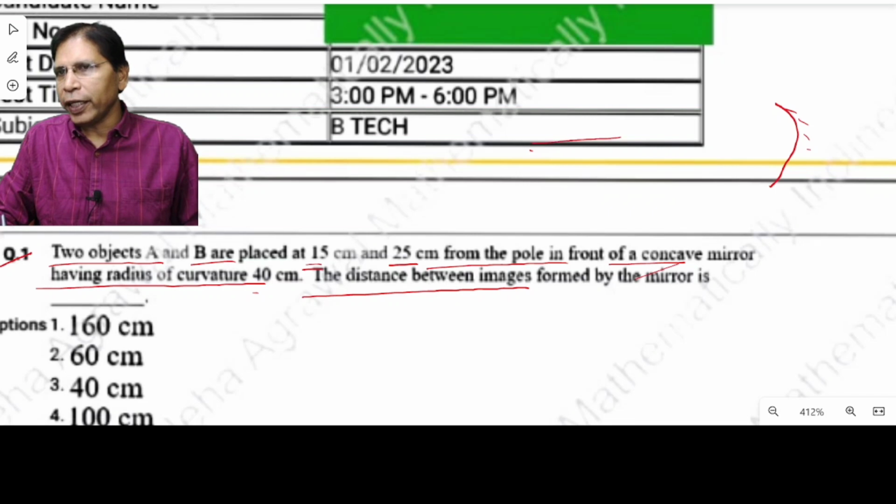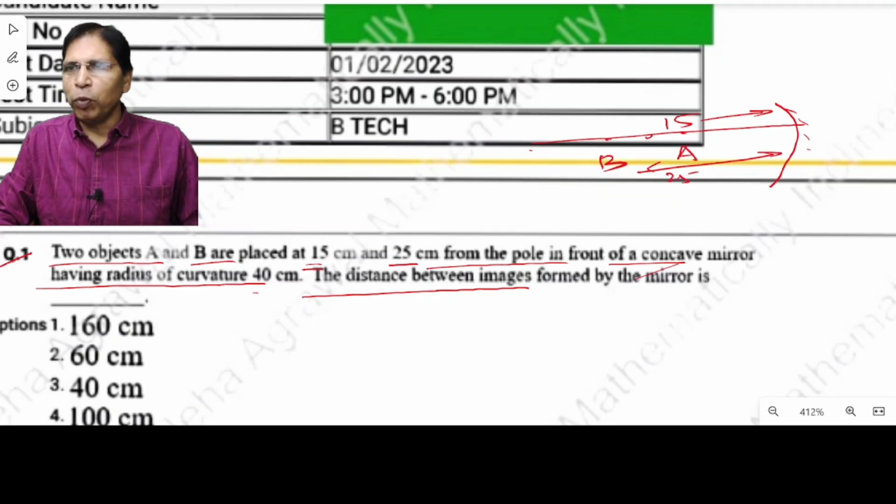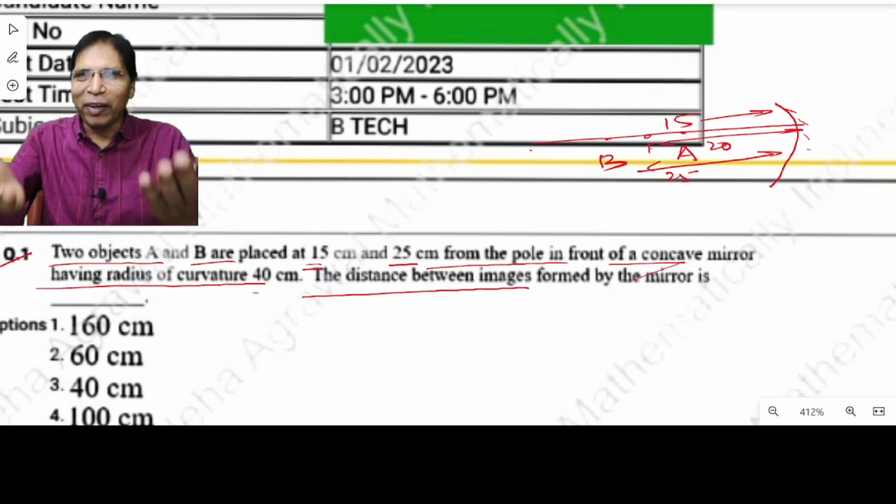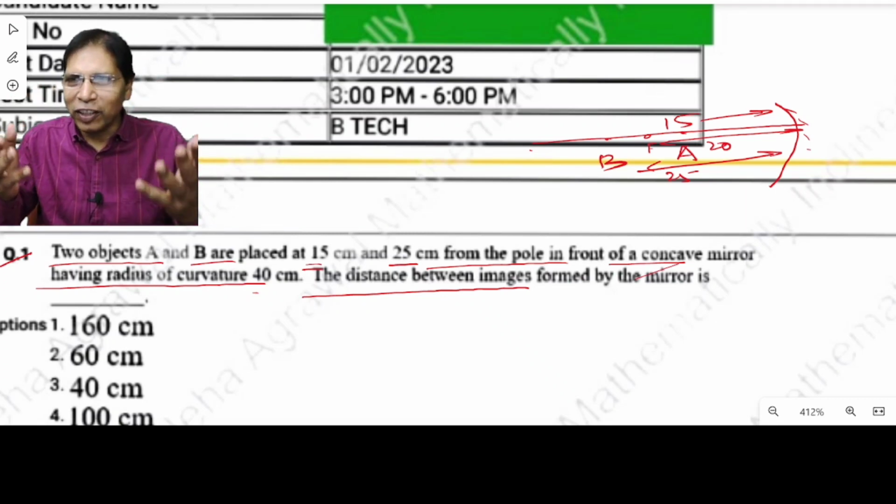Object A is placed at 15 cm from the mirror and another object B is placed at 25 cm from the mirror. And focal length f is equal to 20 cm. A is before the focus and B is after the focus. So this numerical is very easy for you.